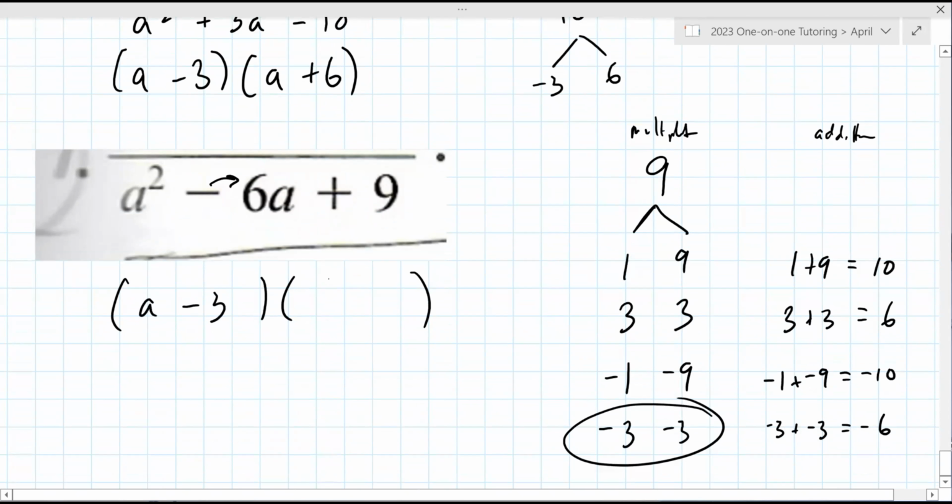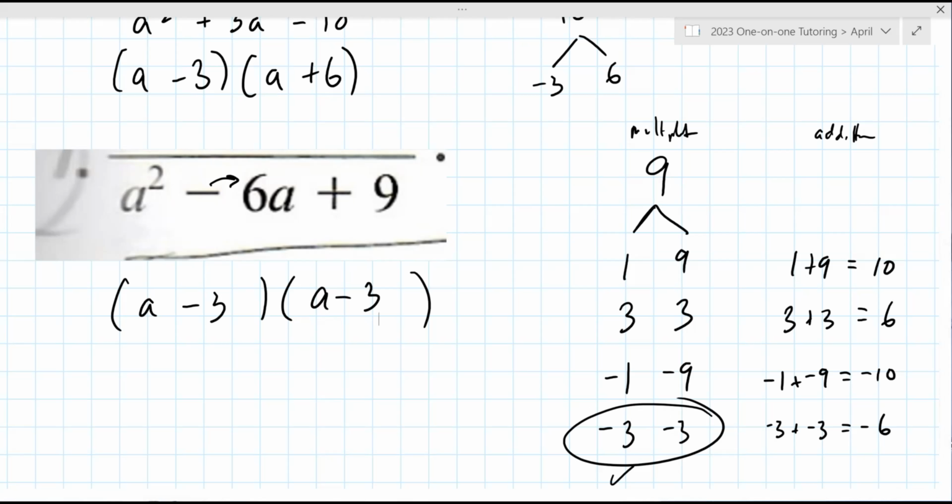Yeah, good. Now what's the other one? A plus 6. Wait, a minus. You have a minus 3 though. You took care of that first one. The second one has to be a minus 3 again. Yes. Very good.